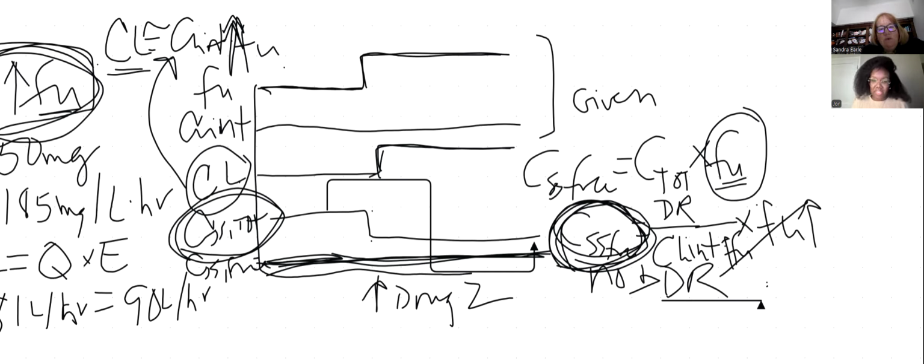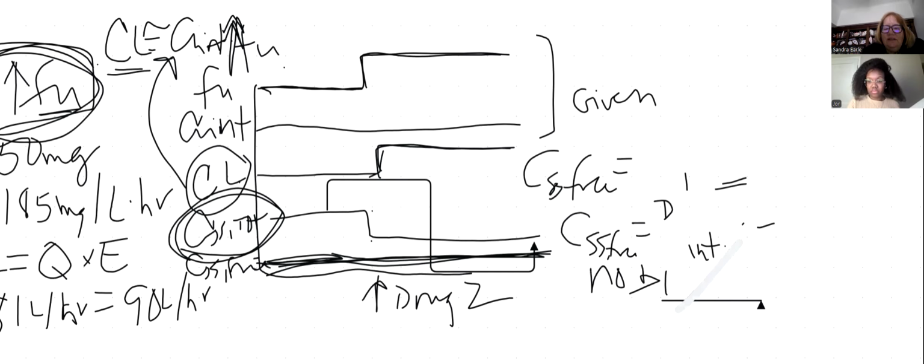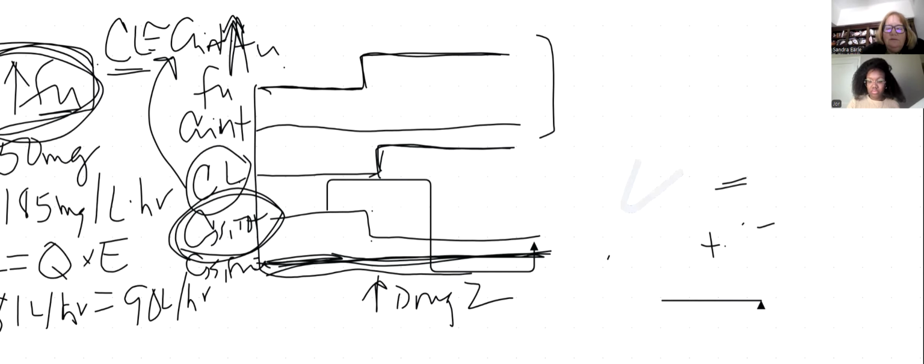Well, the next one I think is this same drug, so it's still a low extraction drug, but this time there's a change in intrinsic clearance. I don't remember if it's increased or decreased. It doesn't really matter. So we still have a low extraction drug.